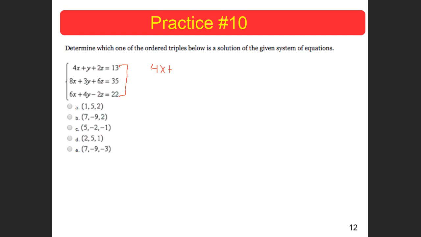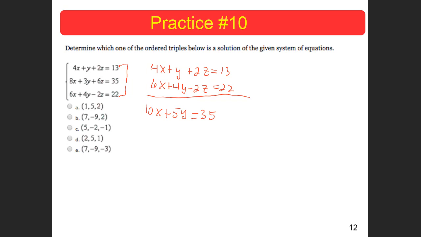So 4x plus y plus 2z is equal to 13. And then I have 6x plus 4y minus 2z is equal to 22. Now, if I add straight down, guess what? The z's cross off. So I end up with 10x plus 5y is equal to 35.